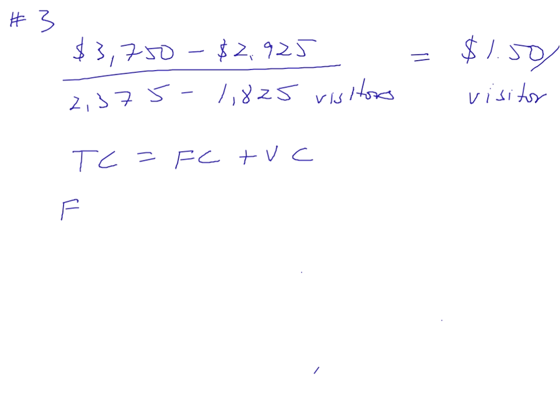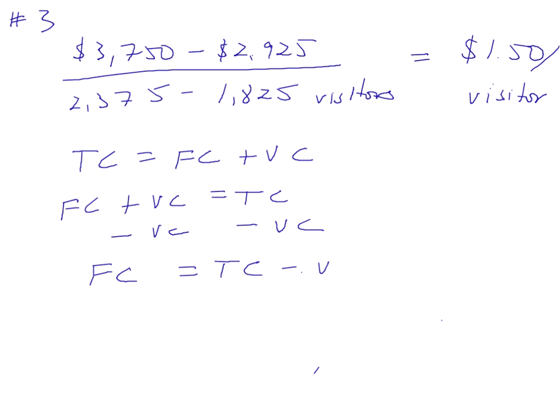Fixed cost plus variable cost equals total cost, the same formula except I flipped both sides. But now I want to get the variable cost to the right side, so we subtract variable cost from both sides. So now it looks like fixed cost equals total cost minus variable cost. That's what the formula looks like in the book.